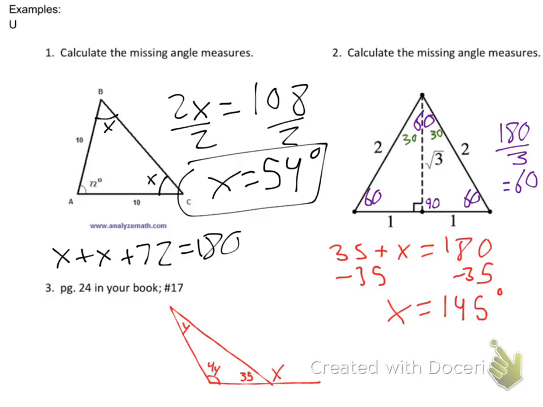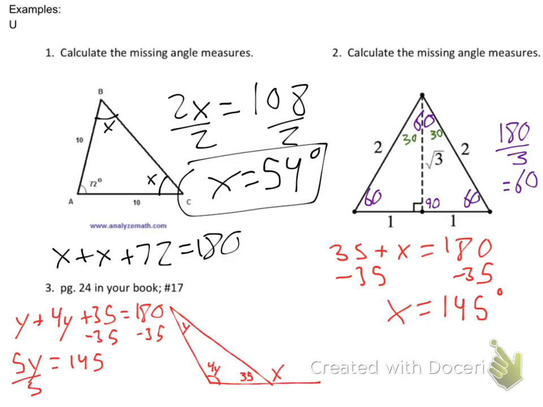We know all three of those will add up to 180. So y plus 4y plus 35 is 180. If I subtract 35 over, we got 145. And I can combine those, right? So you get 5y equals 145. Then you divide by 5.